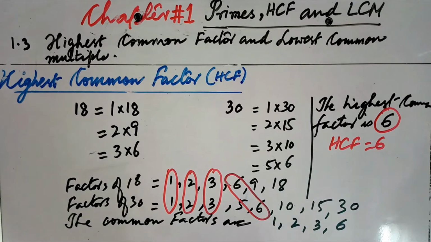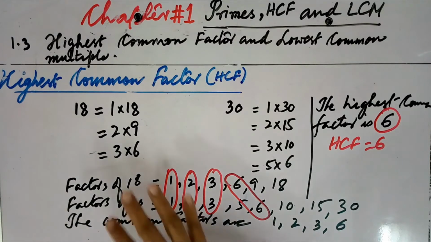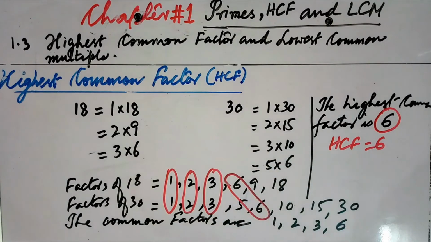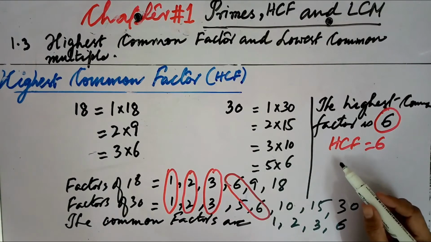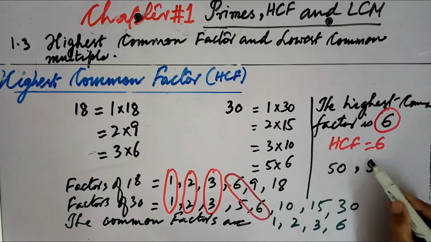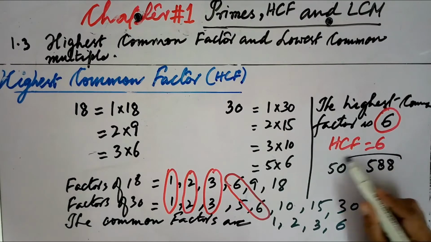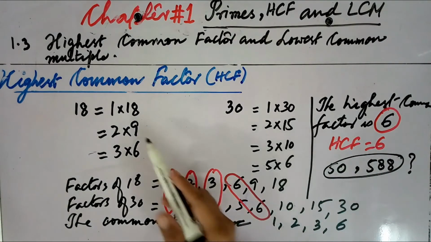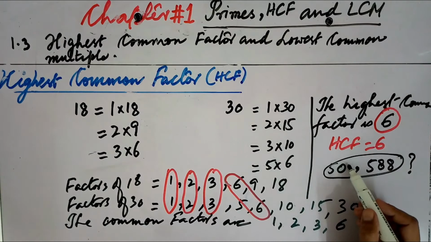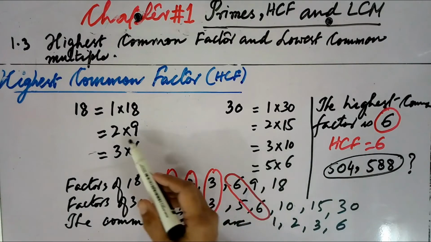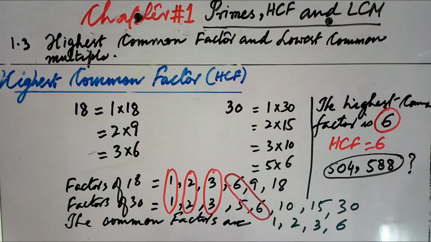Now we will discuss the case when the numbers are very big. If the numbers are very big, the listing method will be very troublesome. If we are going to find the highest common factor of 504 and 588, of course you will be finding the factors of 504 and 588 by the listing method, because you know only the listing method.